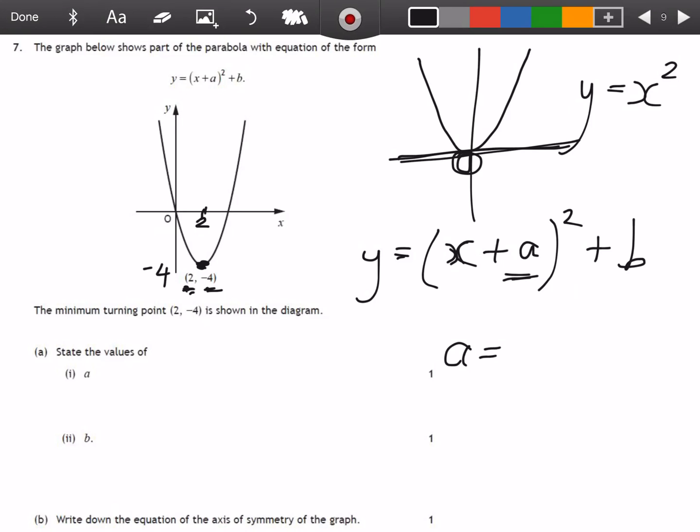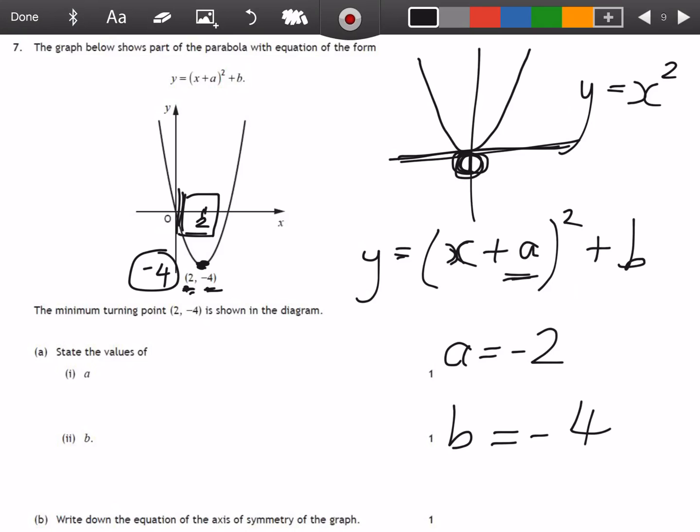I'm working through it slowly so that it sounds familiar. A is actually not 2. It's something to do with 2. That is +2, but A is actually -2. B value: it's how much it's been shifted down. It was sitting at 0, it's been shifted down to -4. B is -4.